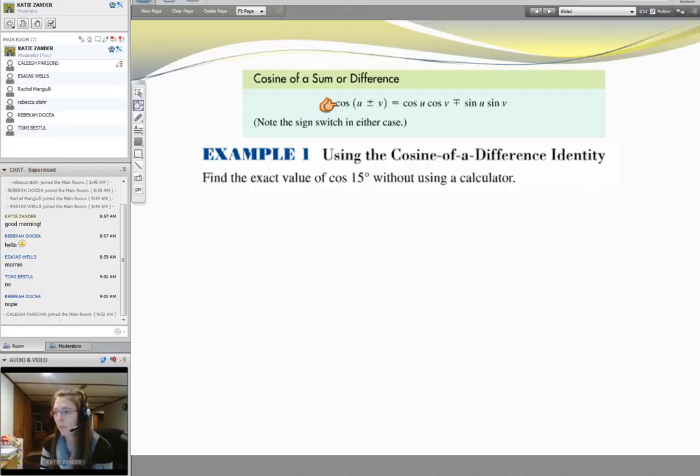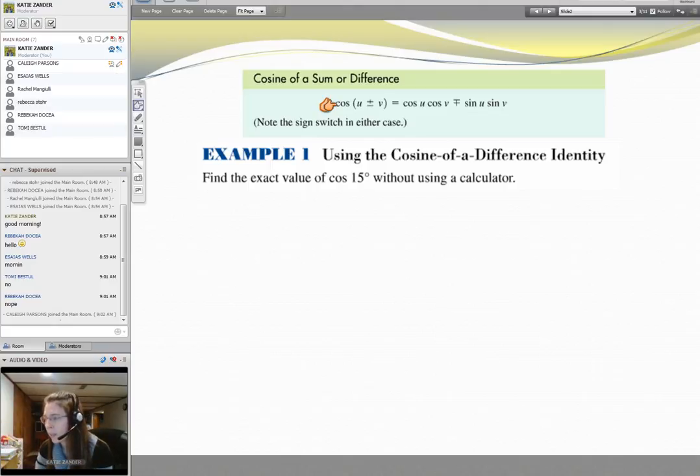So basically up until this point, we've only been able to identify what the sine, cosine, or tangent values were of specific spots on the unit circle. Now we're going to expand that a little bit more. Can I find other spots that are not identified on the unit circle right now, but maybe I can combine 2 values by either adding or subtracting to get a different spot on there?